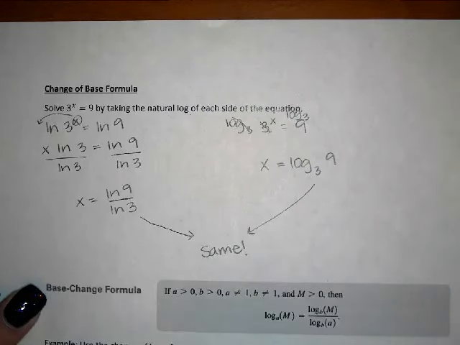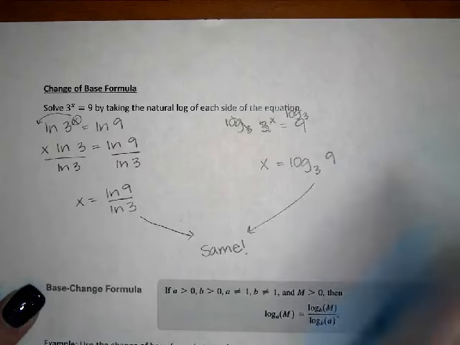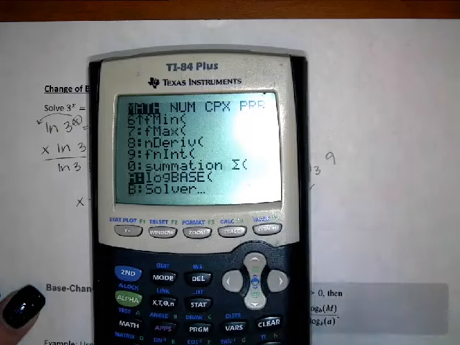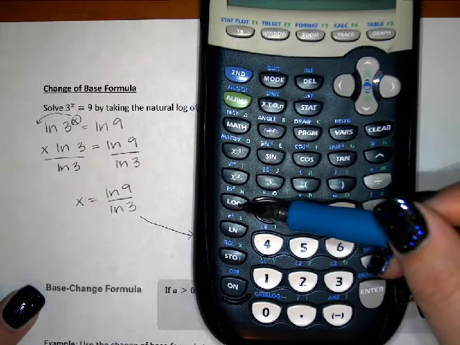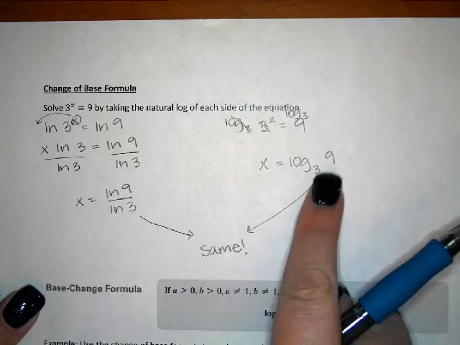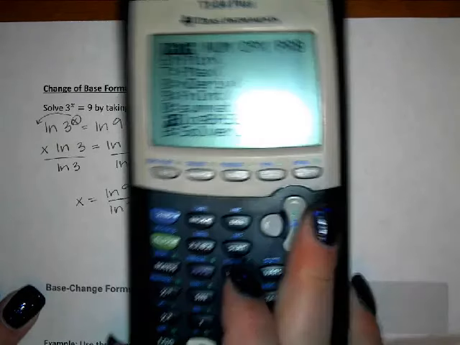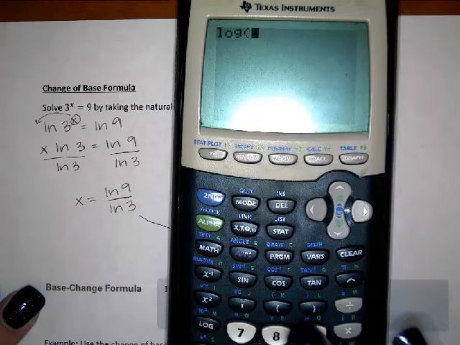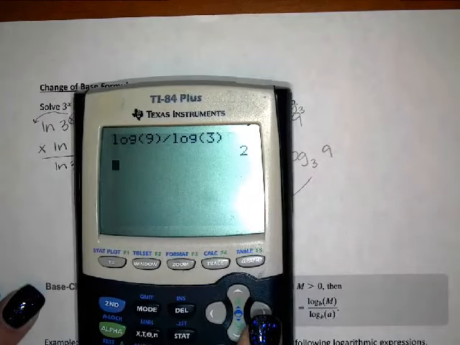If you don't want to type in a base of 3, or back in the day, before you had the ability to hit the math button and go up and use a log and change the base, back in the day when we had to use only the log button or only the ln button, this is how you could type this in on your calculator. You could type ln 9 divided by ln 3, like we did, or you could type log 9 divided by log 3, and it would give you the same answer. So that's what the change of base formula is all about.